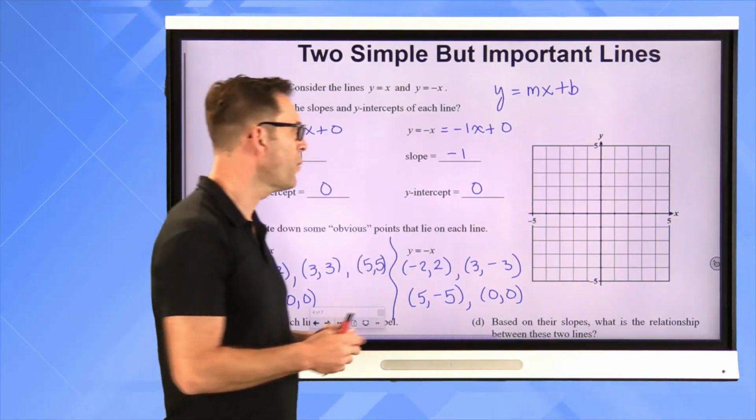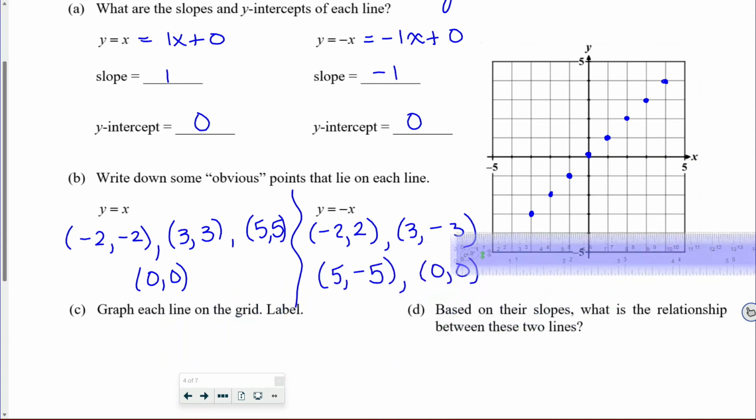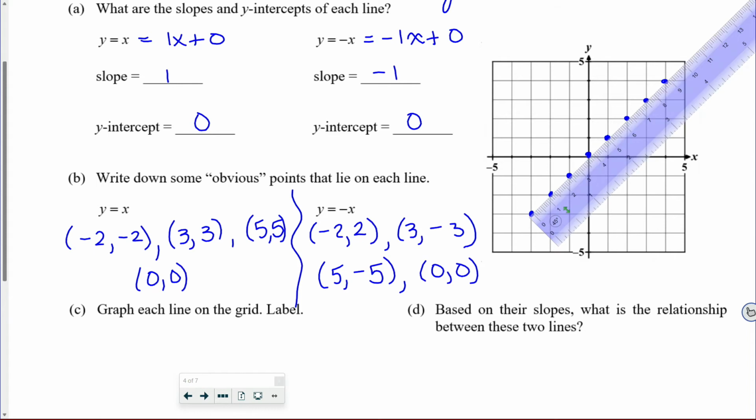In other words, the line y equals x, right? 0, 0, 1, 1, 2, 2, 3, 3, 4, 4, negative 1, negative 1, negative 2, negative 2, etc., right? Those are all points that lie on the line y equals x because they're all points where y and x are the same.